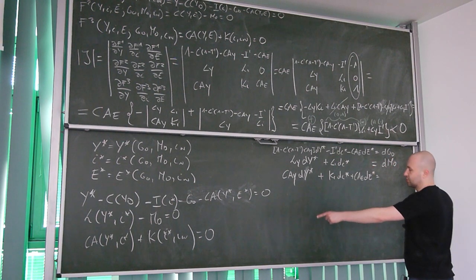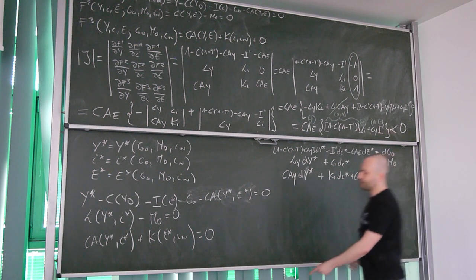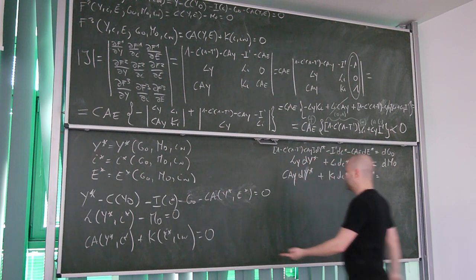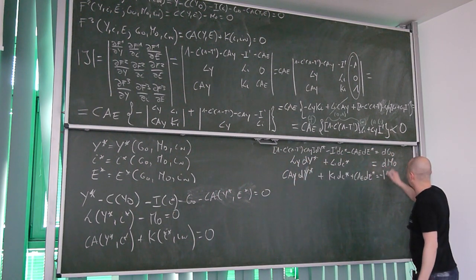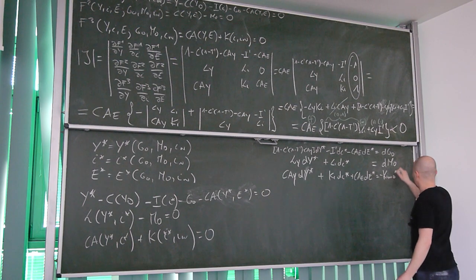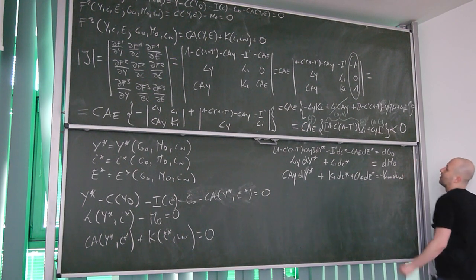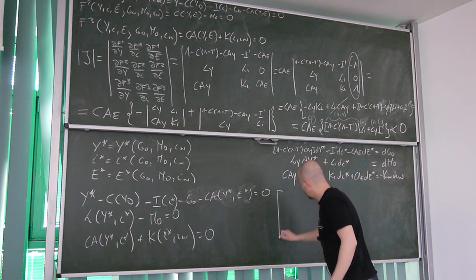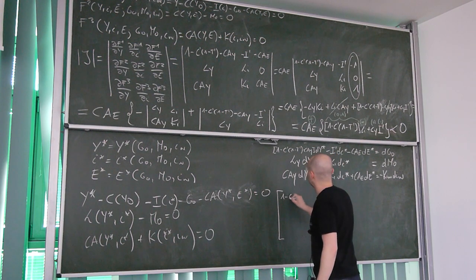And this is equal to, and look, differentiating this would give us Kiw times diw. We move it to the other hand side of the equation. Okay, and finally, we can take this system and we can put it into matrix notation.